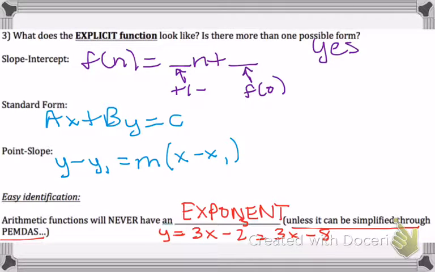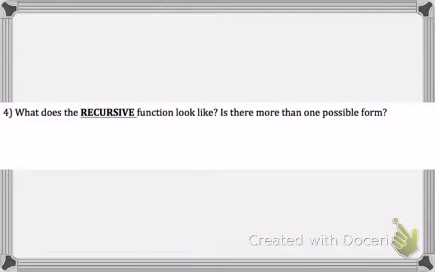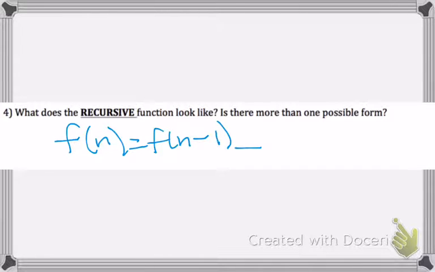So moving on to the next section, what does the recursive function look like? Well, we know that they all start like this. F of n equals f of n minus 1. And then we've got this blank right here that we fill in. And then we also have an f of 0 usually equals blank. And so then in here we would put our plus or minus something.